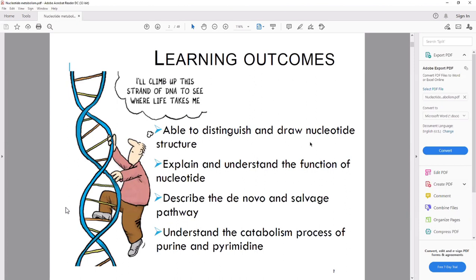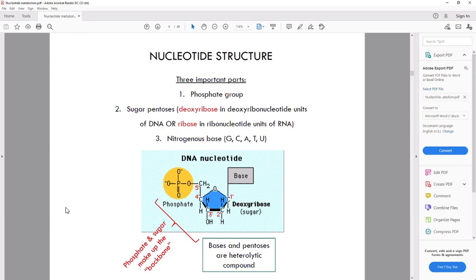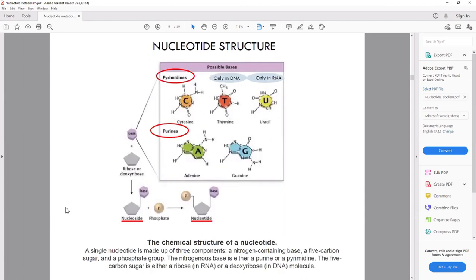Now we have another few minutes. I actually want to discuss the regulation of the biosynthesis of purine and pyrimidine. I don't have slides on regulation, so I prefer to use this slide to explain.